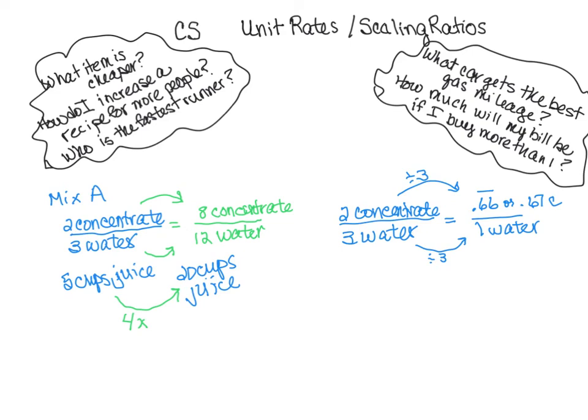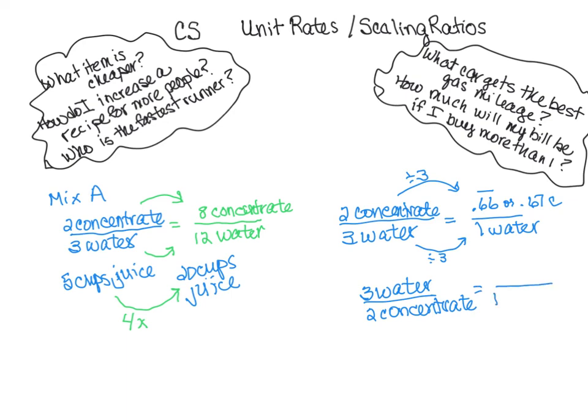If I want to do it the other way, I could also do it the other way. Remember, there's 2 ways to do unit rates. I could do concentrate per cup of water. And if I wanted to find out the water per concentrate, the concentrate goes on the bottom. That's kind of traditionally what happens.